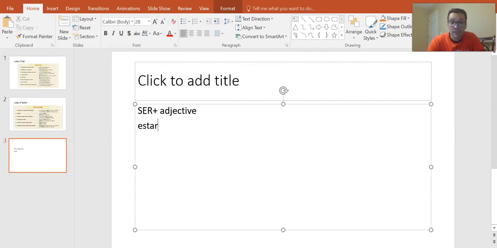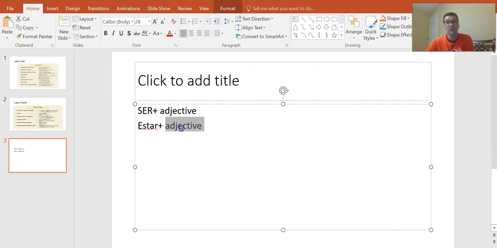And if I have estar plus the same adjective, the meaning of the adjective will change. So it doesn't have to do with the connotation, but with the denotation, what it means. So again, there are some adjectives that when you use them with ser mean something, but when you use them with estar mean something different, which is opposite to what we had before.